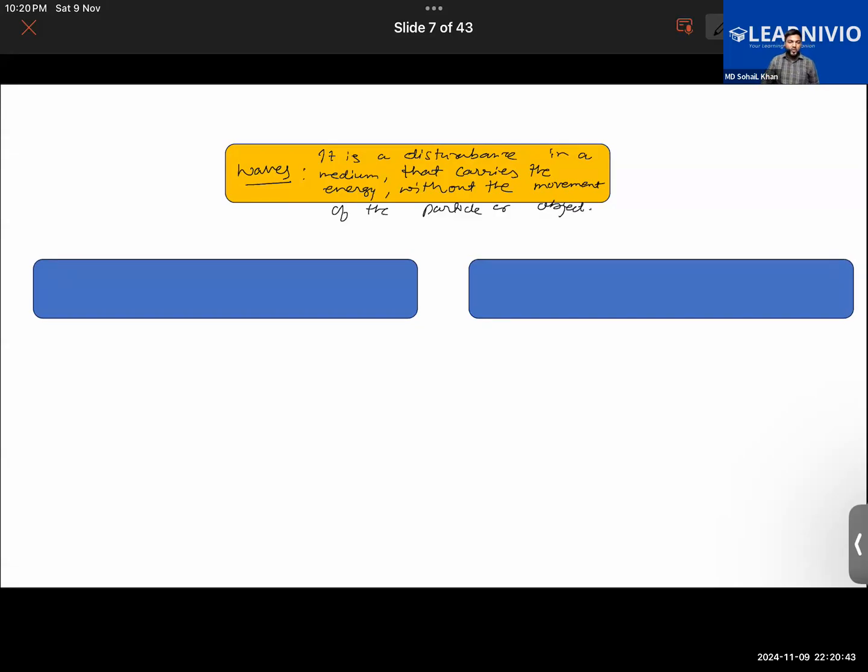Let us understand what I'm trying to say by this definition. For example, when I am speaking, my voice reaches the person sitting in this room, in front of me or nearby. Is my vocal cord going over there, or does just the energy that I am producing due to the vibration travel there? Yes.